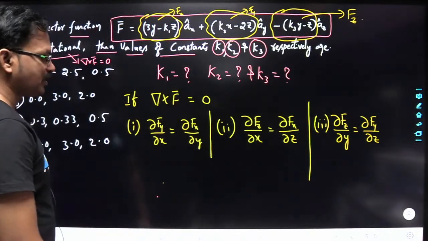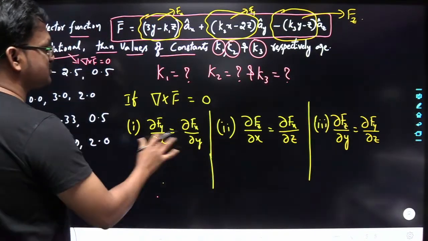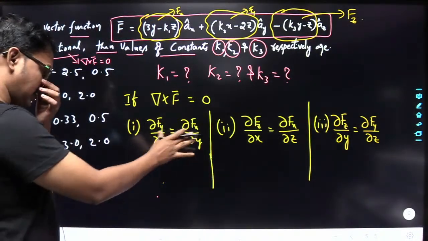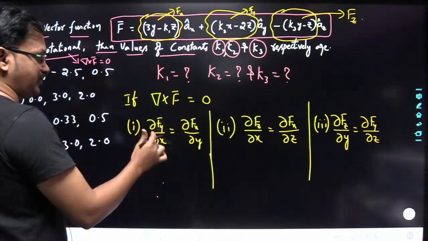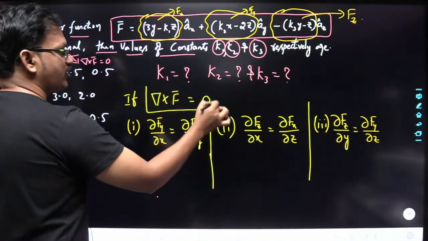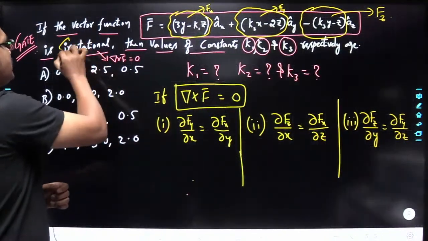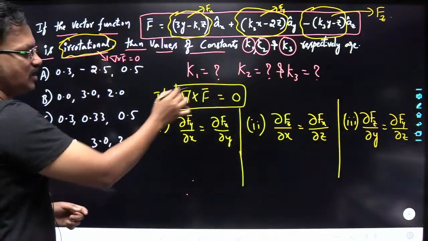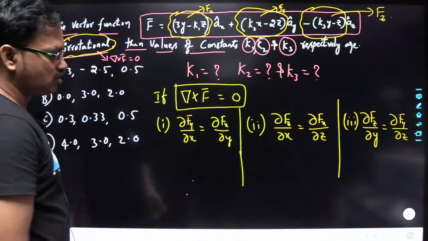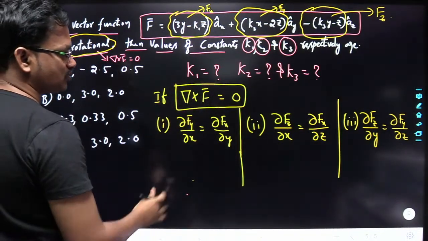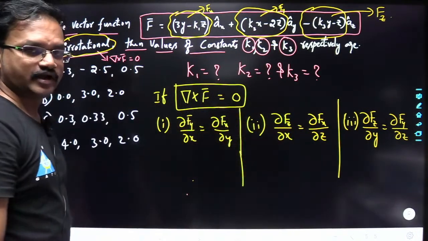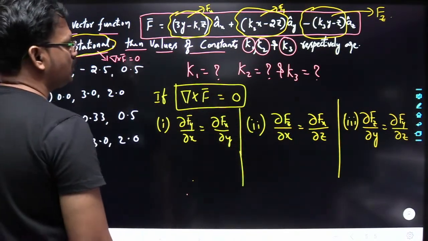Now check whether the conditions are satisfied, because they have given that the function is irrotational, that means curl of f bar is equal to 0. So we know it has to satisfy all these three conditions.